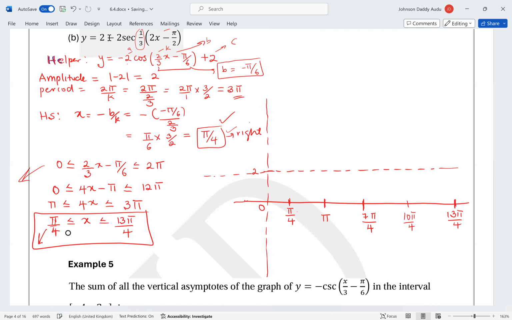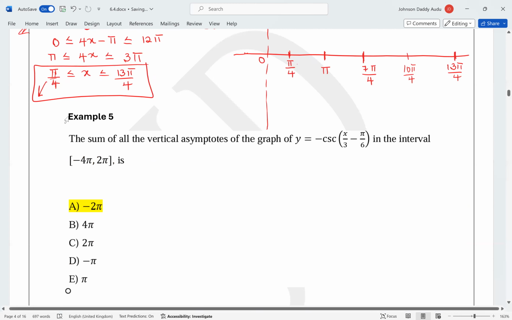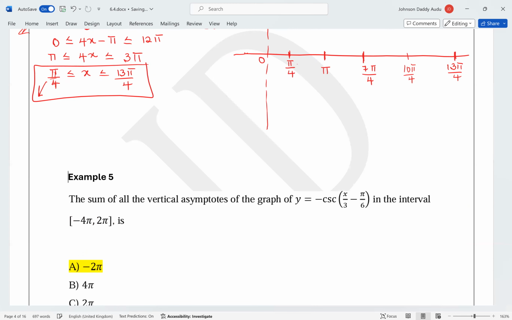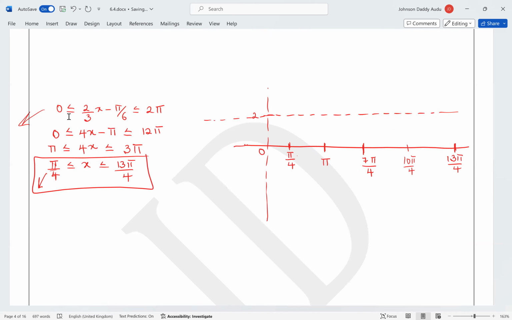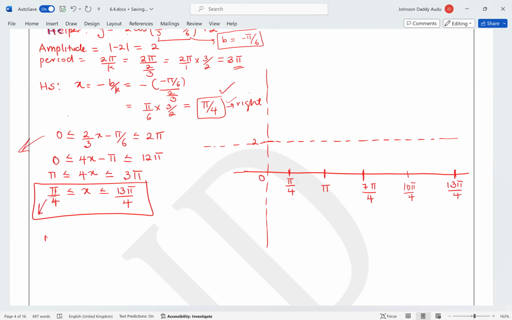Right. Then let's talk about the maximum and the minimum, which we can easily get from the range. So let's talk about the range here. What will the range be?